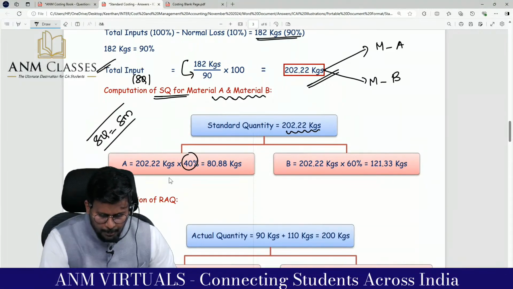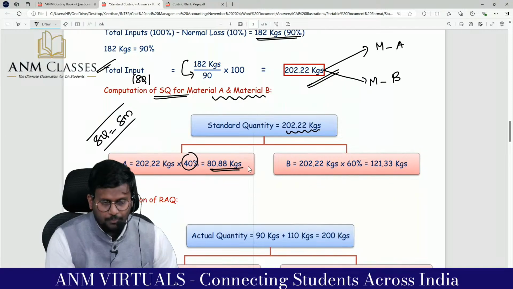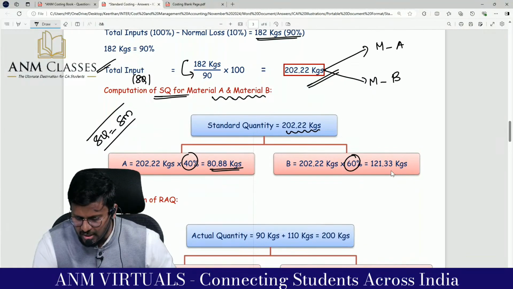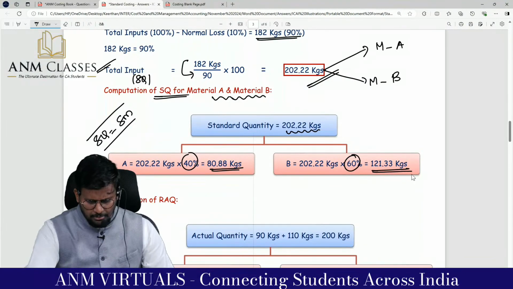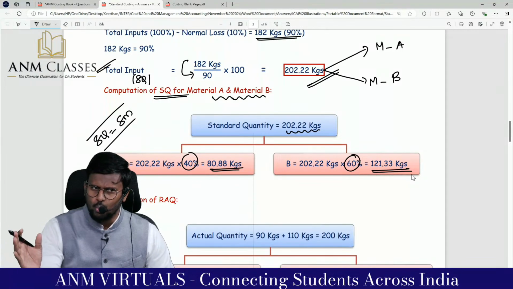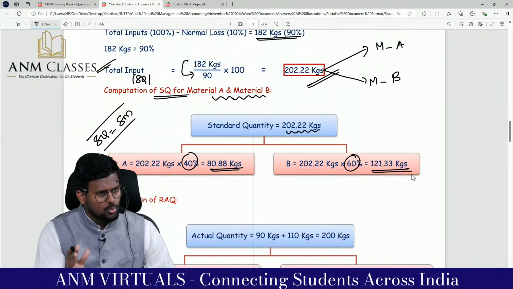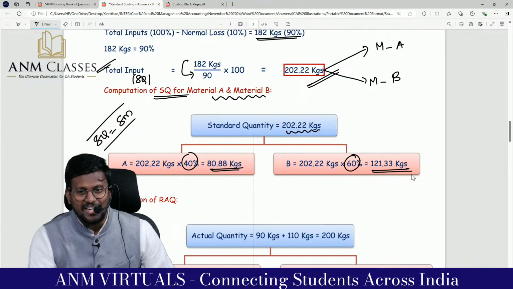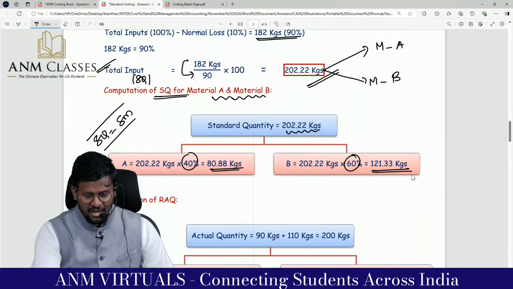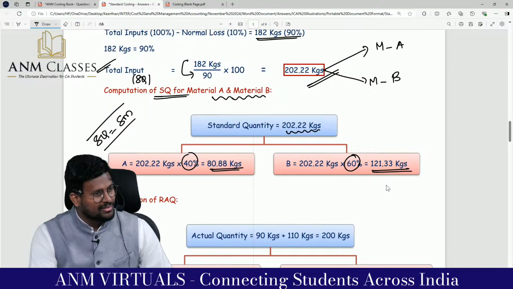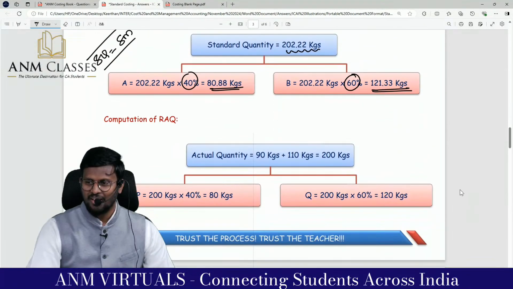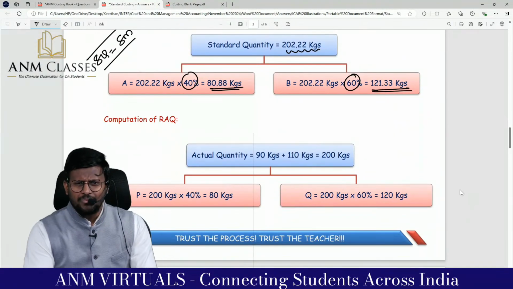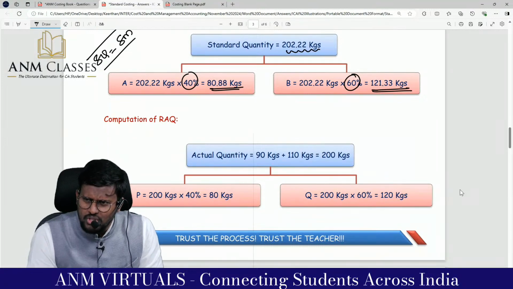Of this, 40% is material A and 60% is material B. Multiplying 202.2222 by these, you will get 80.88 kg and 121.33 kg. So what is the first column? Standard quantity into standard price.